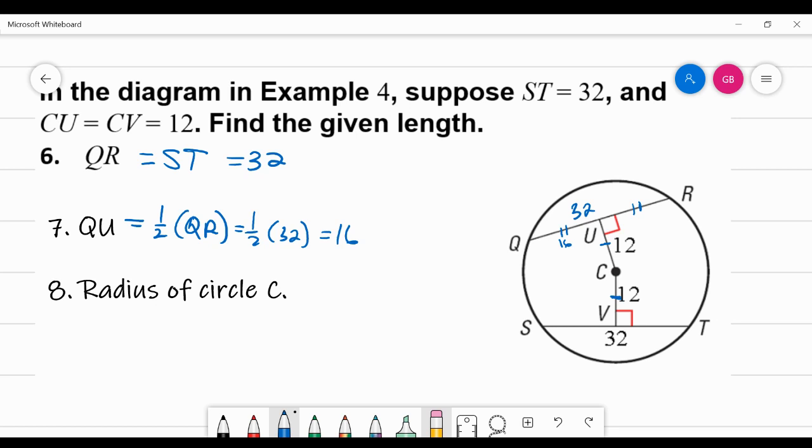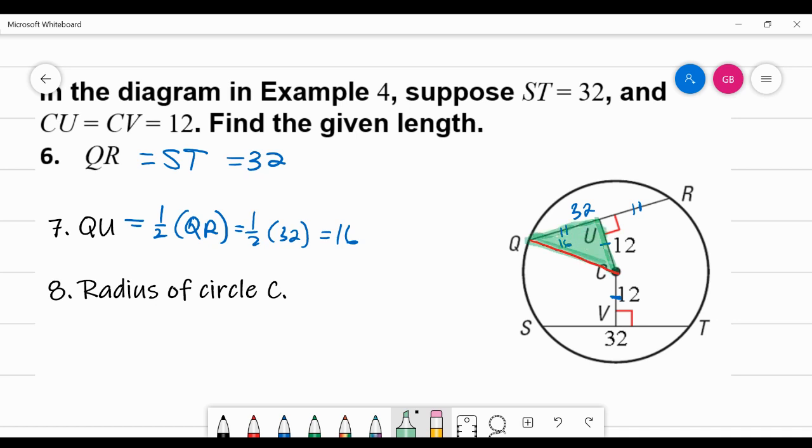Now, we have to find the radius of the circle. The radius is from the center to the edge of the circle. To find that, I'm going to connect C to Q. That's my radius from C to Q. And notice that CQ is the hypotenuse of this triangle here.